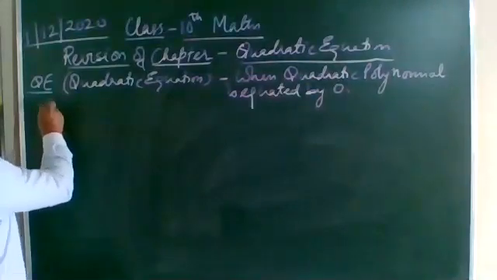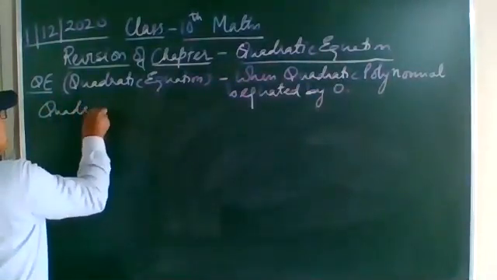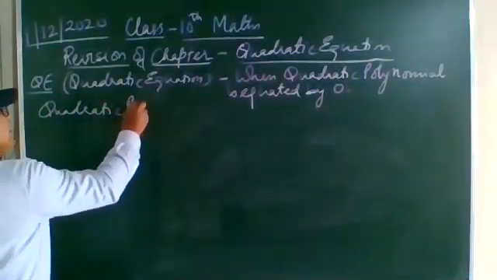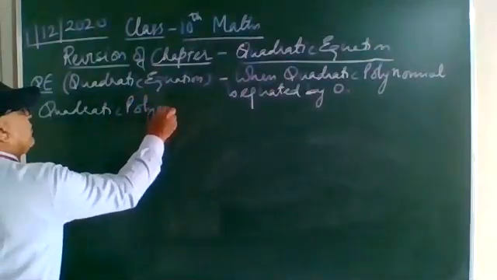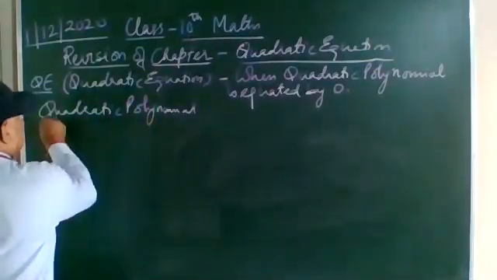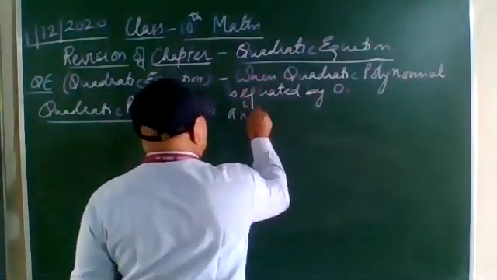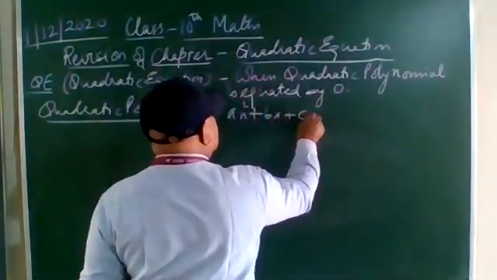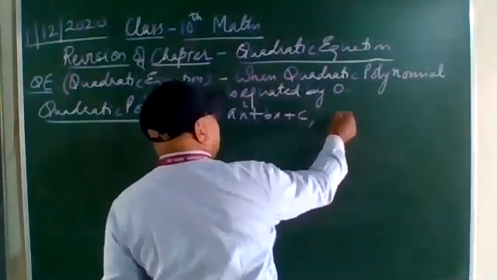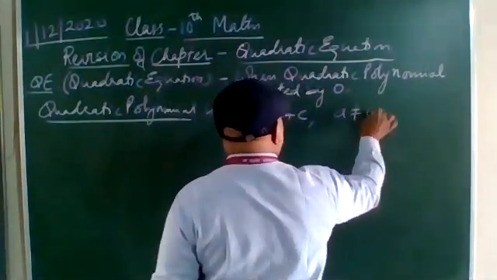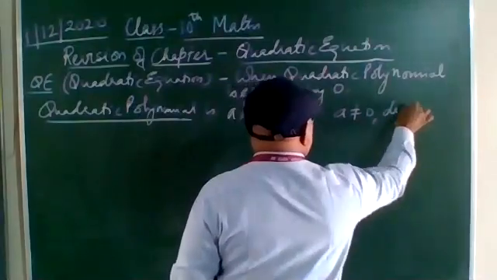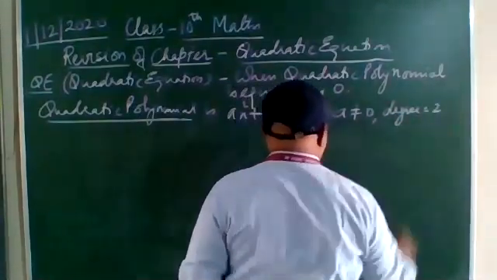That quadratic polynomial is ax square plus bx plus c, a not equal to 0, degree 2.